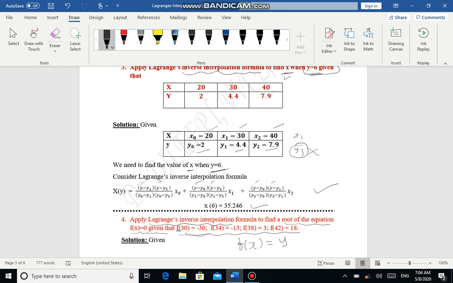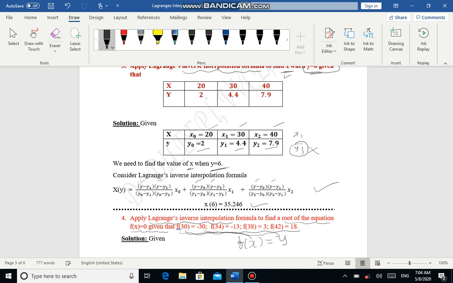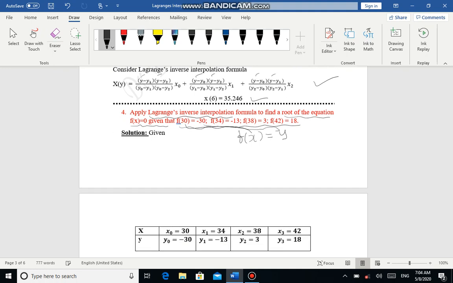So what is within the bracket represents the x value. The right hand side represents the y value. So here the data is x0 is 30, x1 is 34, x2 is 38, x3 is 42. The corresponding values of y: y0 is minus 30, y1 is minus 13, y2 is 3 and y3 is 18.